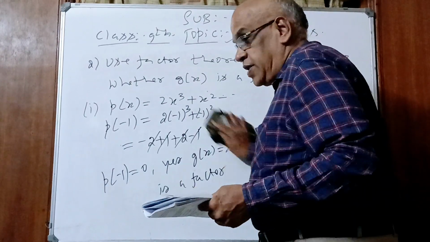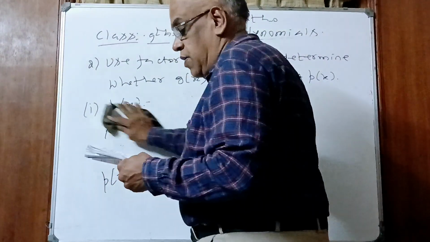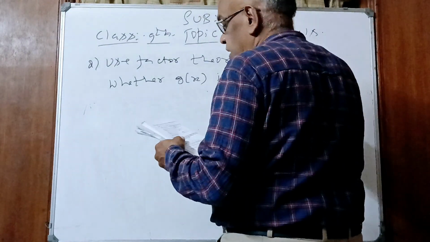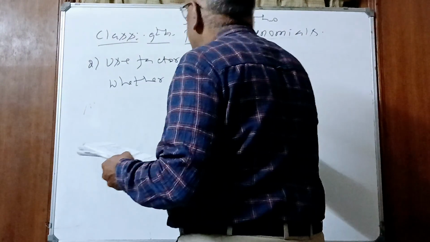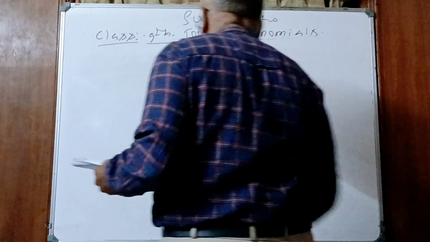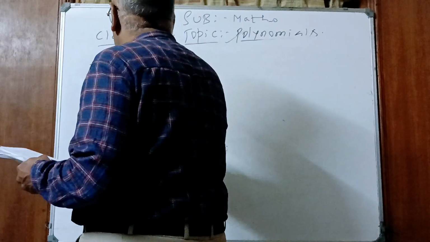Next sum is what, children? Find the value of k if x minus 1 is a factor of p of x. Third question.